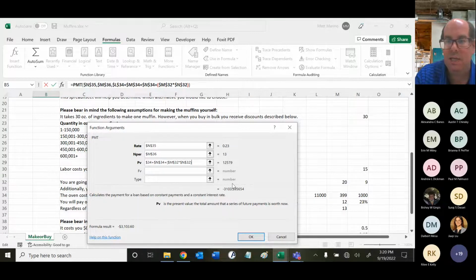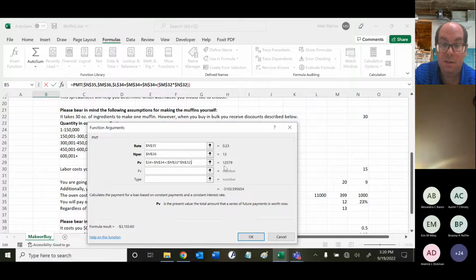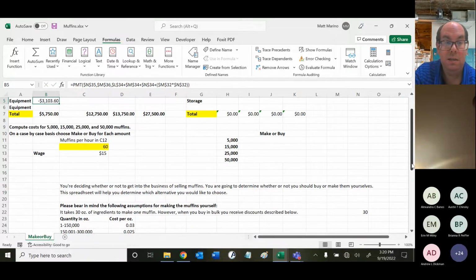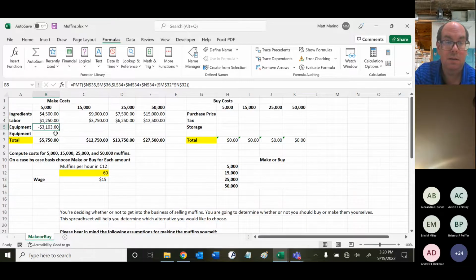So because you're taking a year to pay it, there may be interest added onto it. So you see here, the present value says that it's 12,573. Yeah. But then when you click OK, it gives you a 3,000.